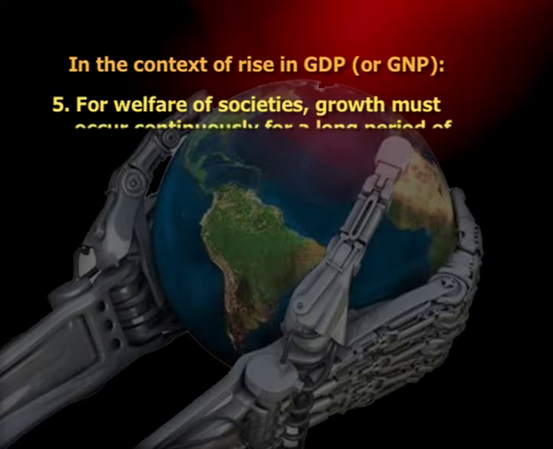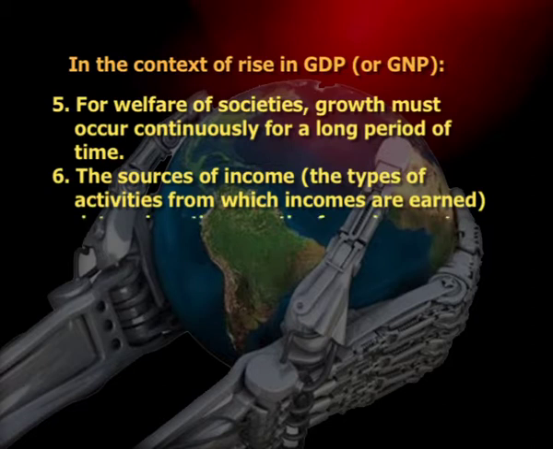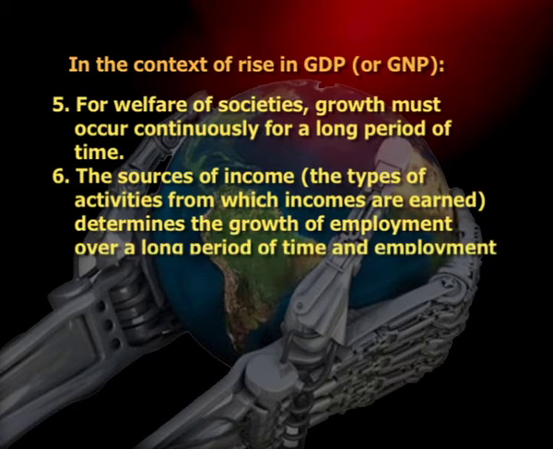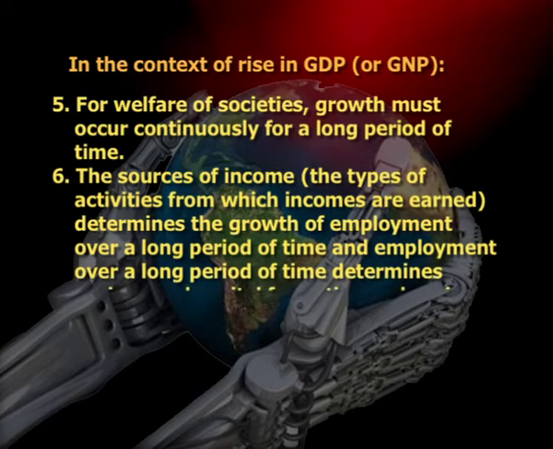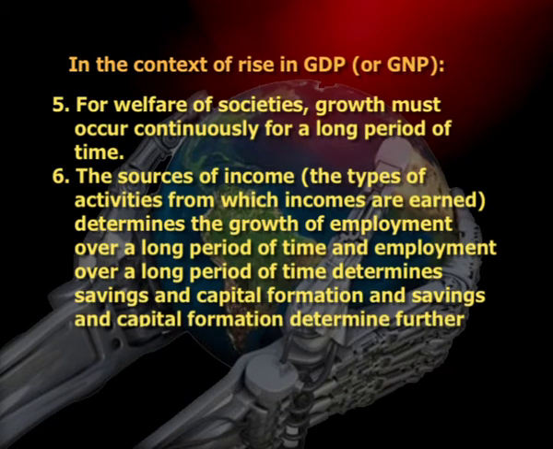For welfare of societies, growth must occur continuously for a long period of time. The sources of income, that is, the types of activities from which incomes are earned, determine the growth of employment over a long period of time, and employment over a long period of time determines savings and capital formation, and savings and capital formation determine further growth.